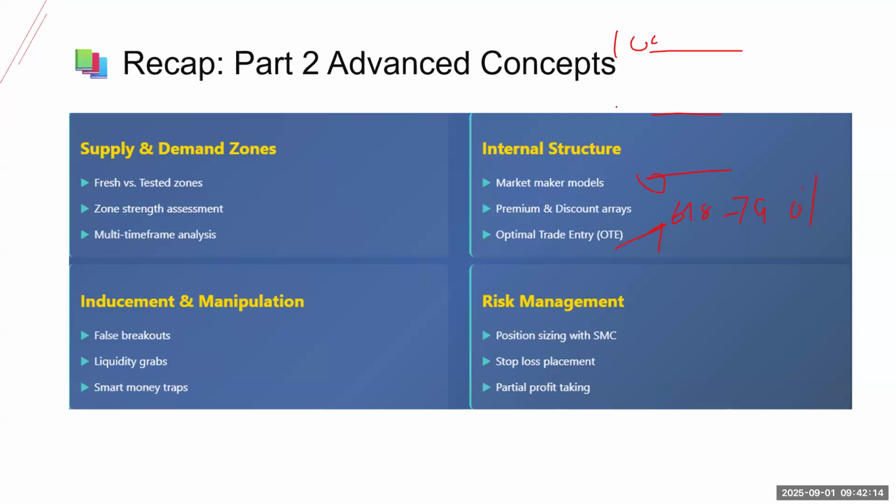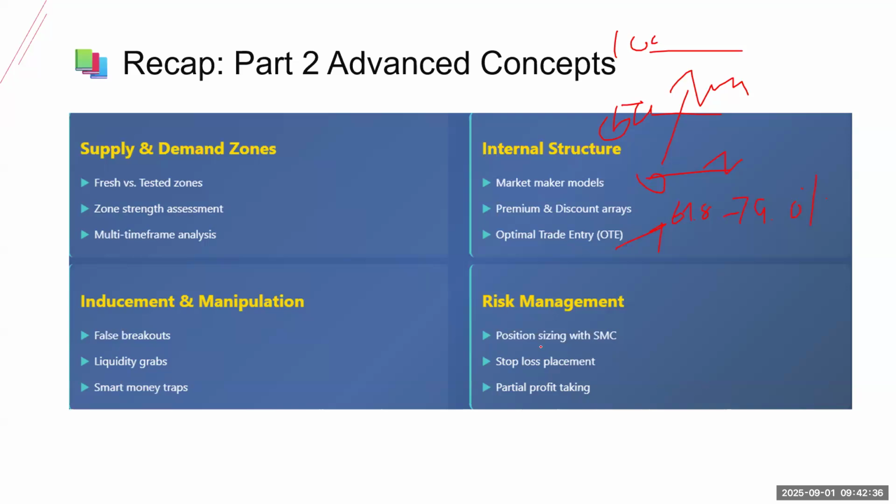If you want to sell, you need to wait for price to go at least above 50, and then this is your sell zone. Because we're gonna sell when price is expensive, and we're gonna buy when price is cheaper, or below 50. That's clear? Quite straightforward.